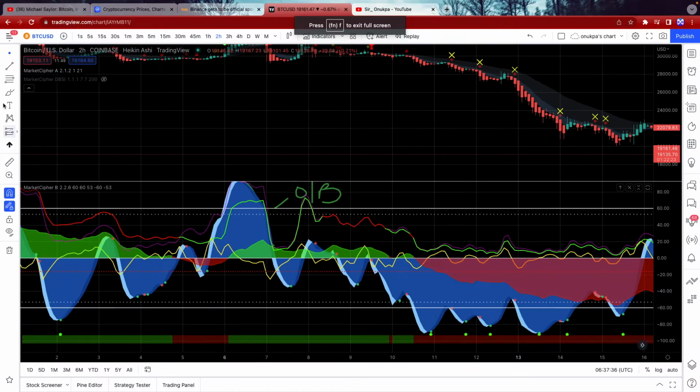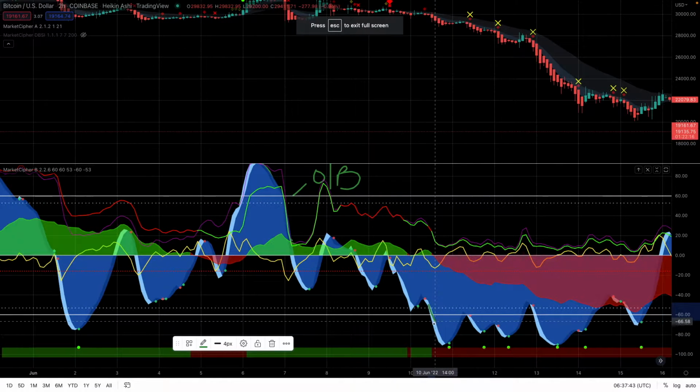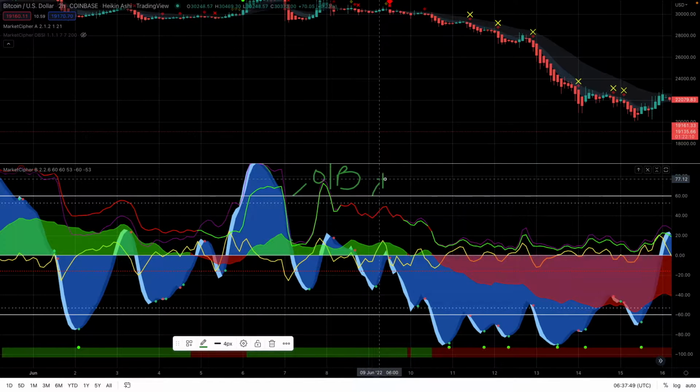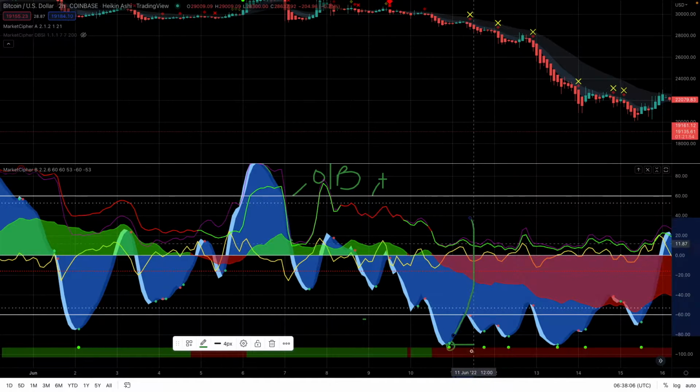When momentum crosses the negative 60 line, this is a positive 60. Remember, it's an inverse relationship. So when it crosses this negative 60 line and you register a bullish sign, which is a green dot, we might assume we are going upwards. But here lies the case: we couldn't.